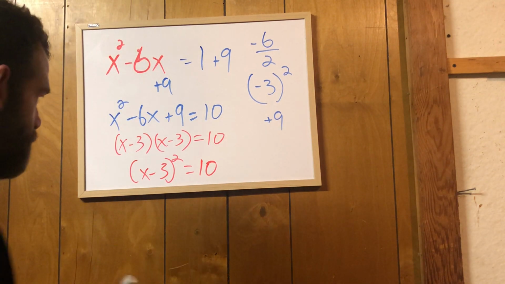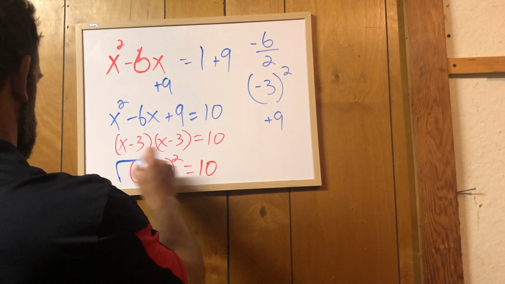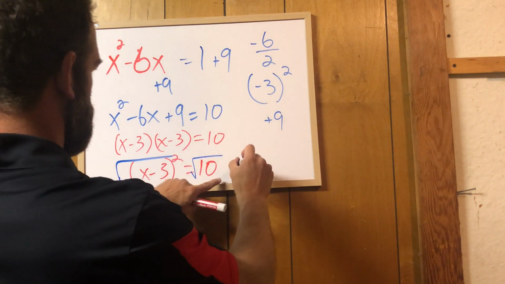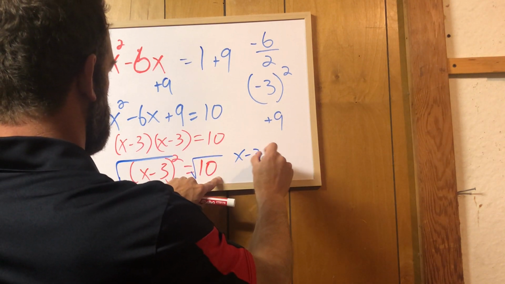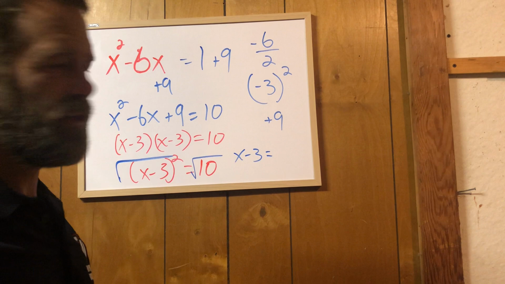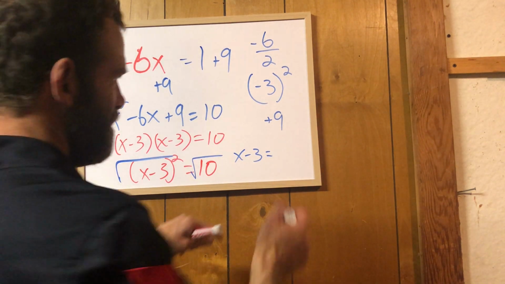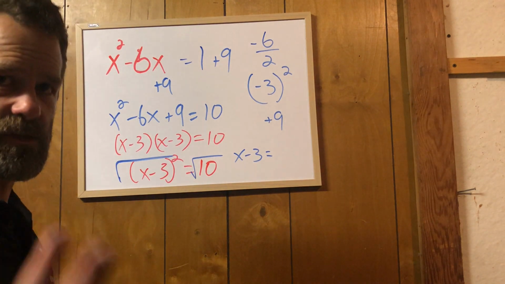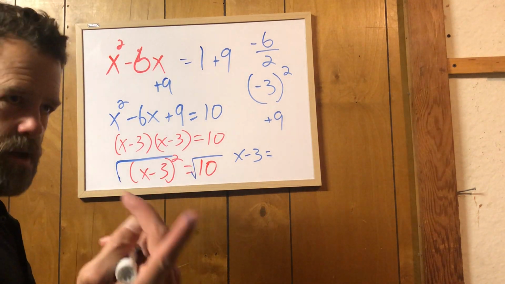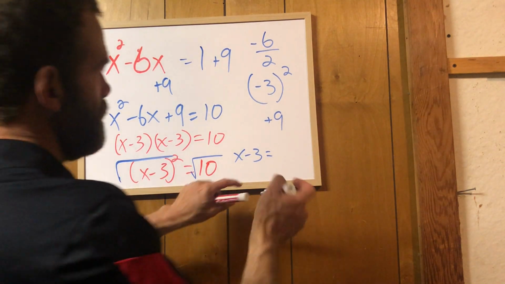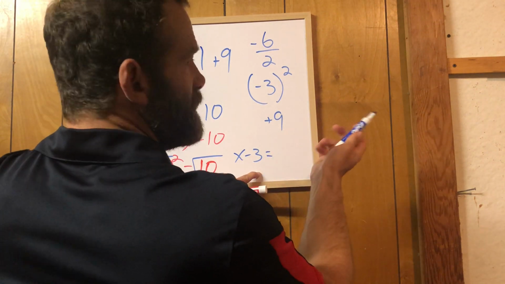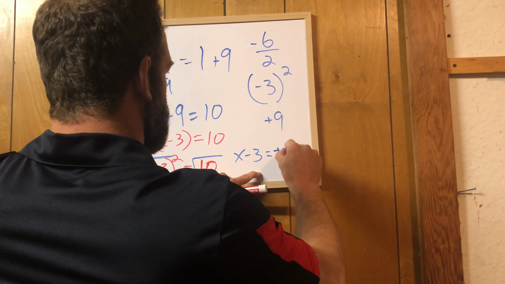Okay, next step, square root both sides. You have x minus 3 equals, I think the square root of 10 is like plus and minus 3.1, because the square root of 9 is 3. Square root of 10 was probably a tenth more. I'm going to assume, let's just round and say plus and minus 3.1.